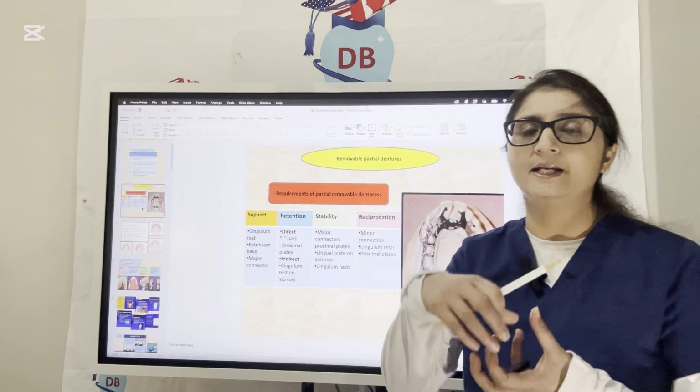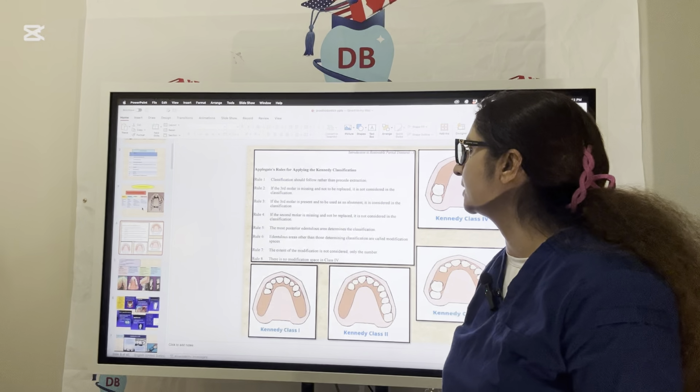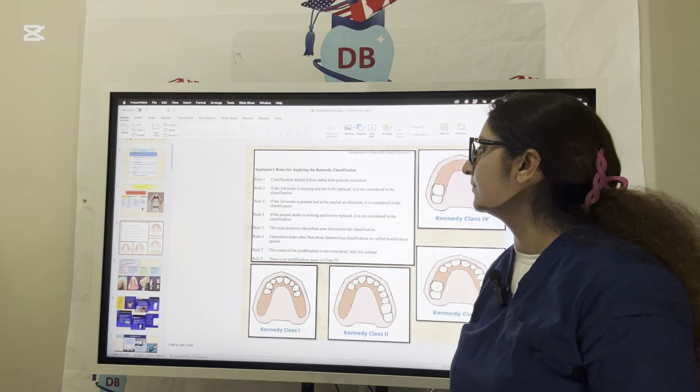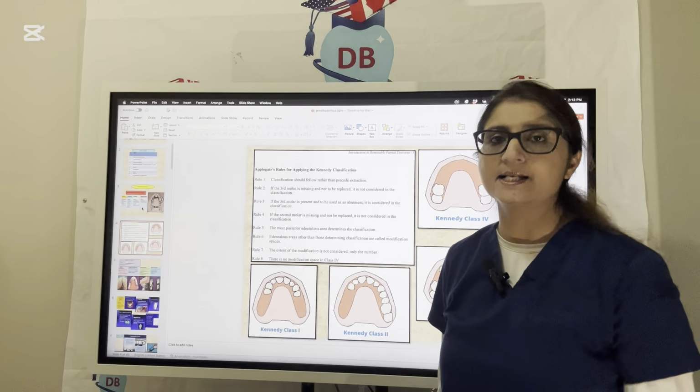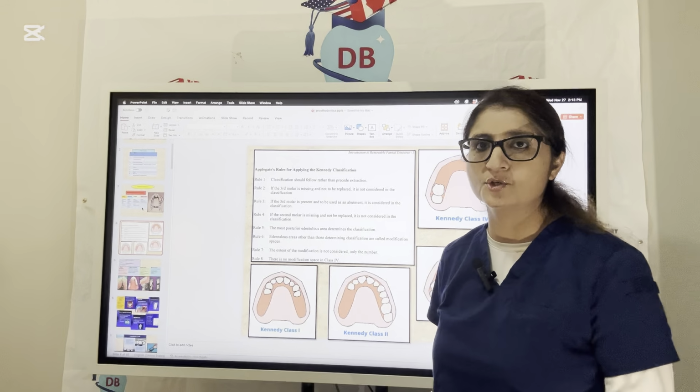Before we start with the discussion of the removable partial dentures, first of all, we should know what the Kennedy classification is, because that's a very important component. You can see this is Kennedy class 1 when you have bilateral posterior edentulous areas. Then this is Kennedy class 2 when you have unilateral, only on one side you have the edentulous area posteriorly.